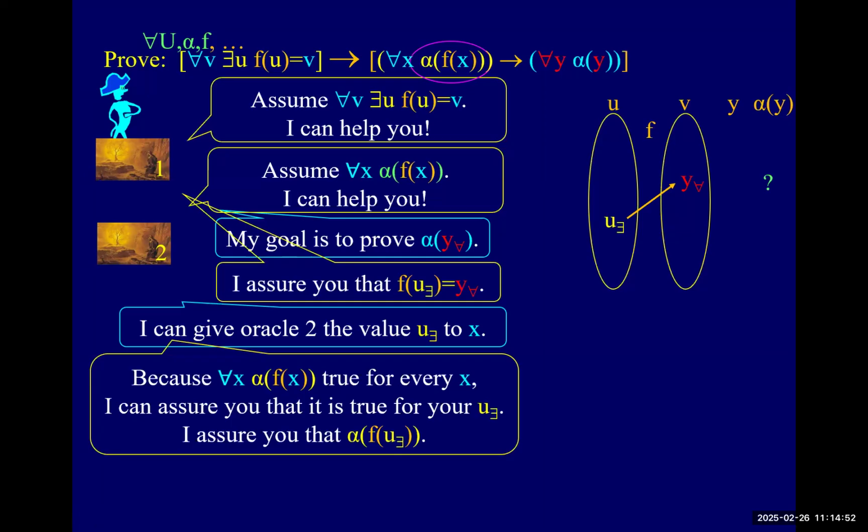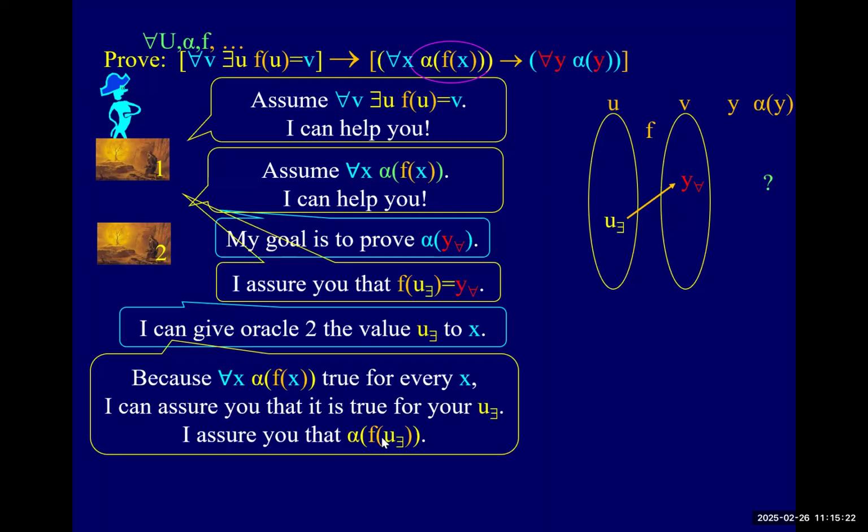Are people following this? It gets more convoluted, right? So here, we were given a Y. We gave the Y over here, who gave me an X, such that F of X gives me my Y. And that X was this U. And then I give U over here, and she assures me that alpha of F of U is true.